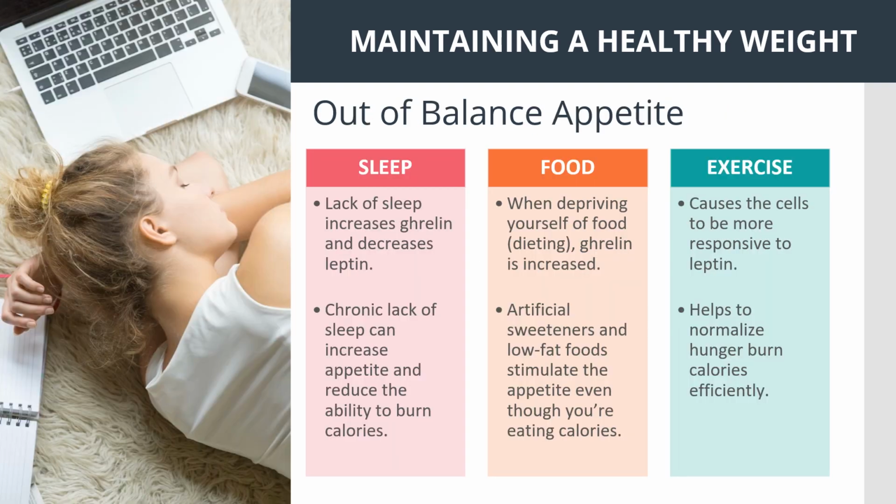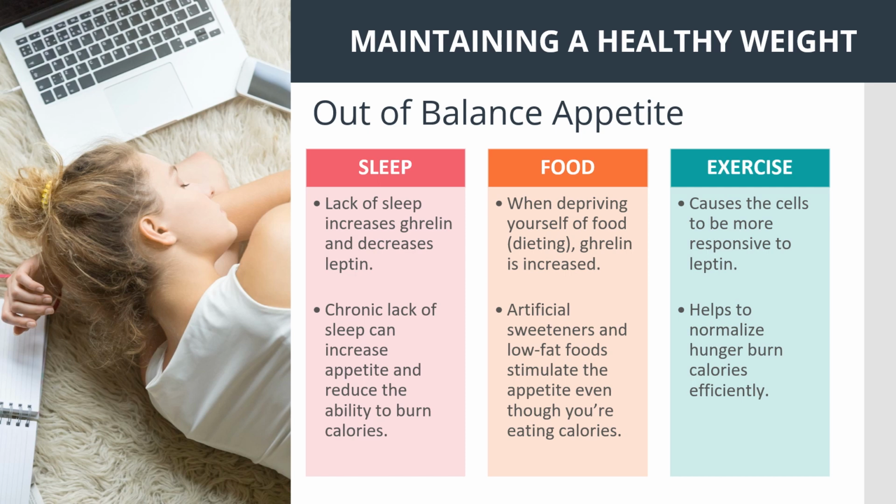Our appetite can get out of balance by not getting enough sleep. Chronic low sleep levels will increase appetite. When we fast for extensive amounts of time, ghrelin will be increased, which will increase hunger.